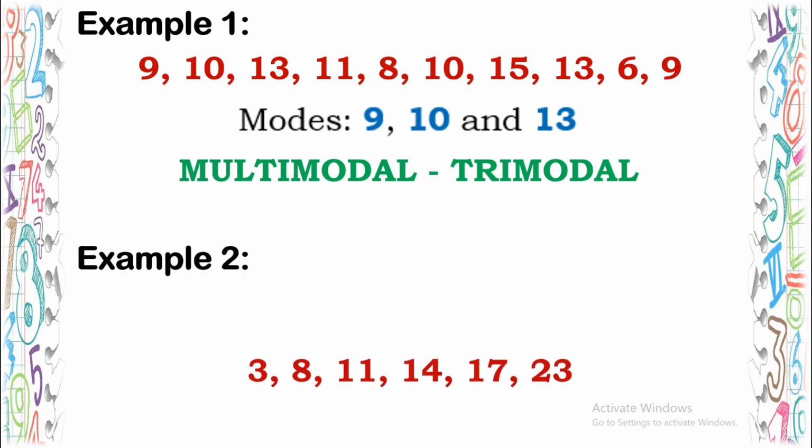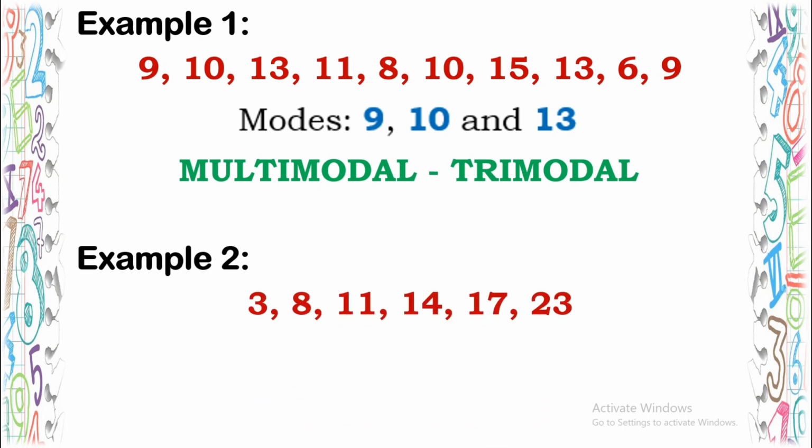Another example, we have 3, 8, 11, 14, 17, and 23. What is the mode of the given data? Very good. The given data has no mode because all numbers appear only once. So that's no mode.